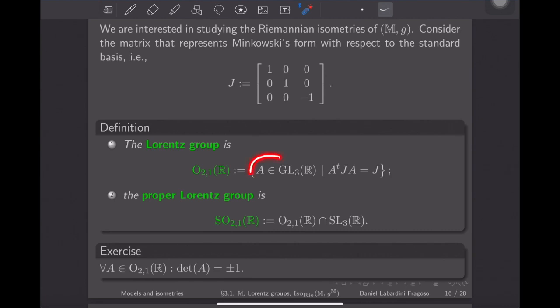It's the group of all invertible matrices of size 3 by 3 that preserve the form. And then I define the proper Lorentz group as the set of all of those that actually have determinant 1.